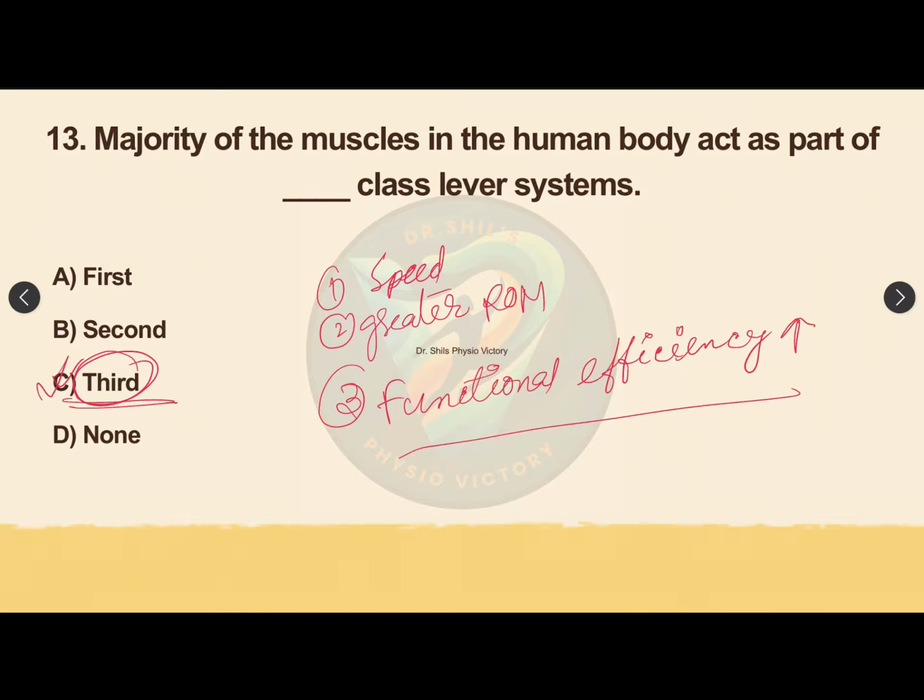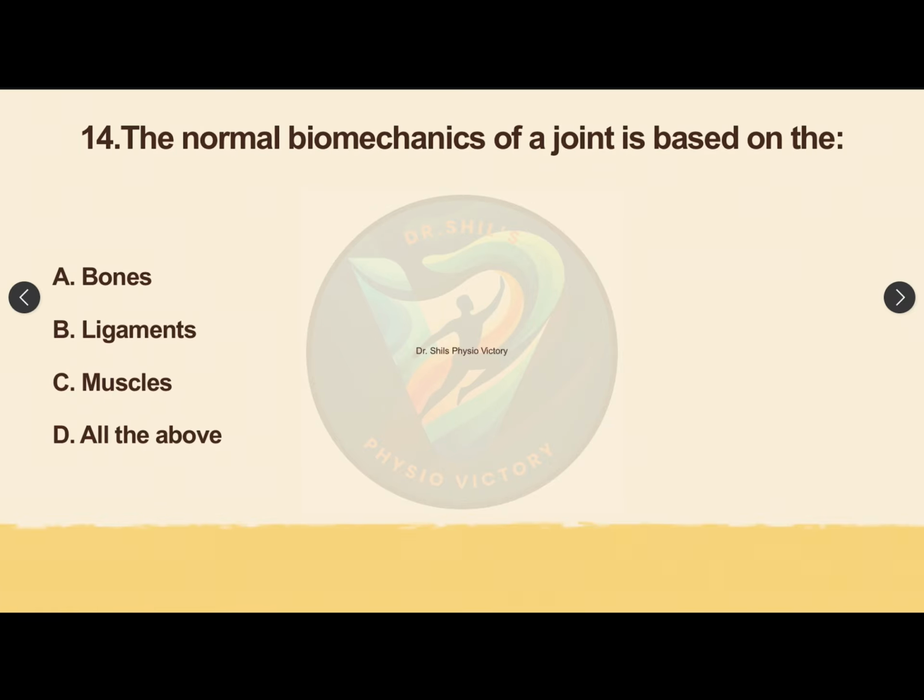Next question. The normal biomechanics of a joint is based on the option A bone, option B ligament, option C muscles, and option D all of the above. Here the correct answer is option D, all of the above.